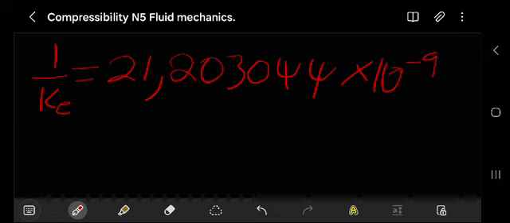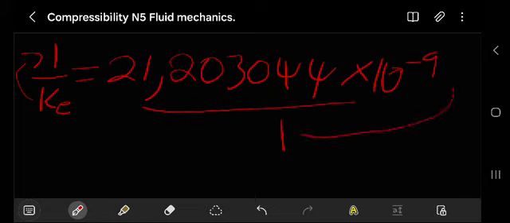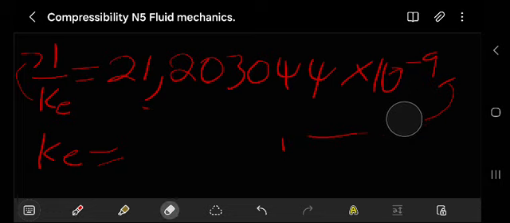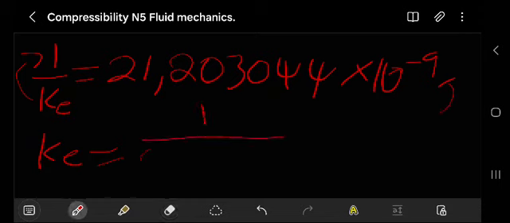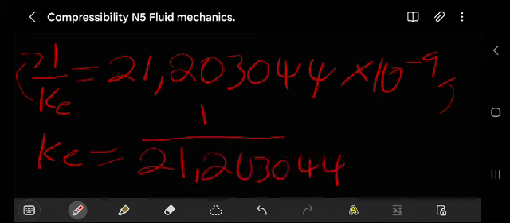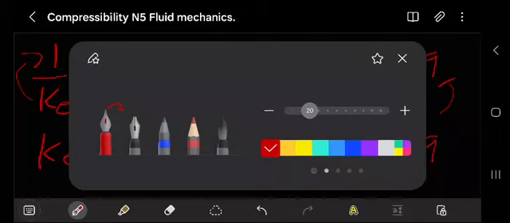Then this, it's maths. I take the 1 on the top, then this will be KE, 1 over 21,20344 times 10 to the minus 9.